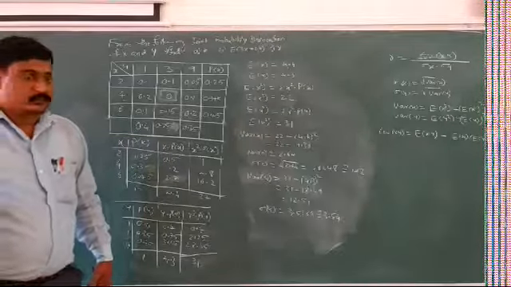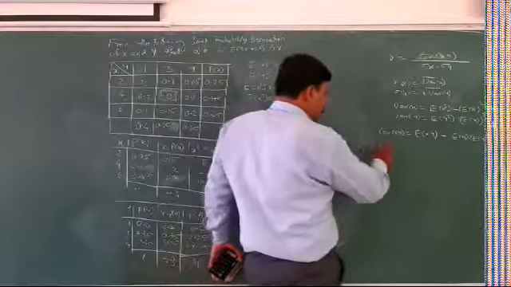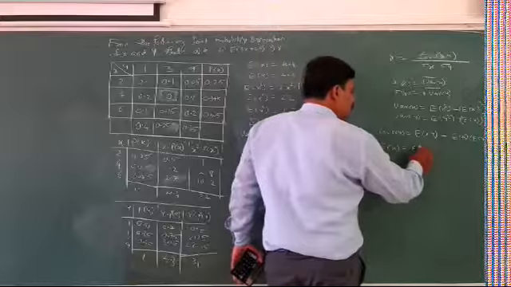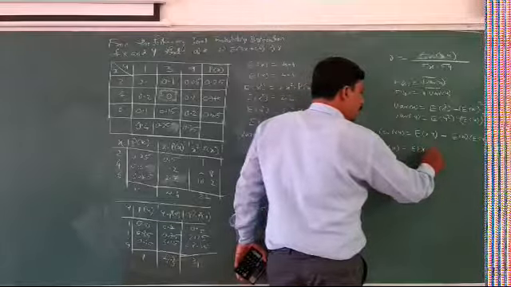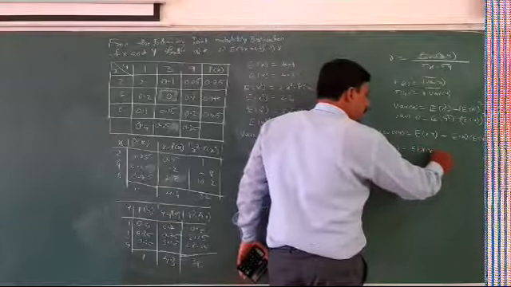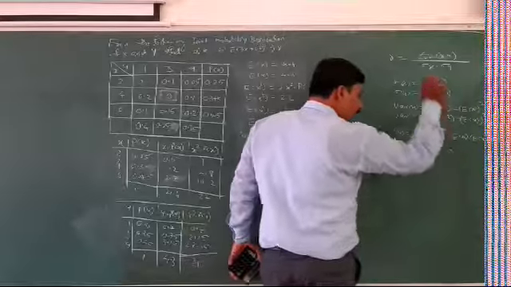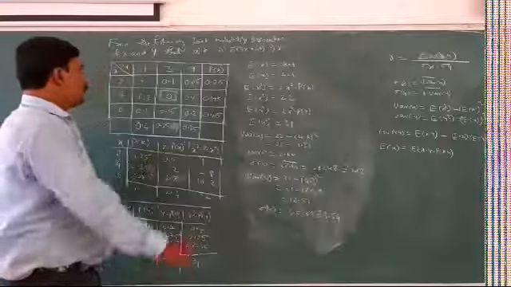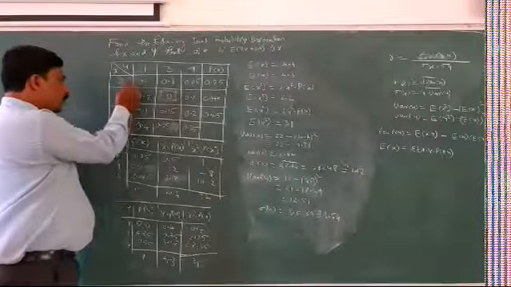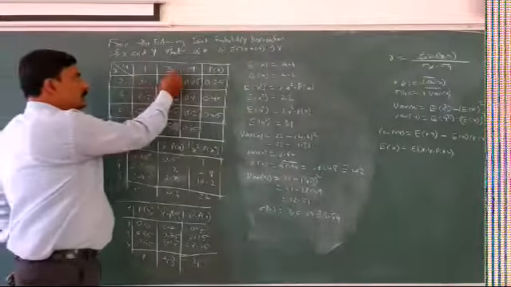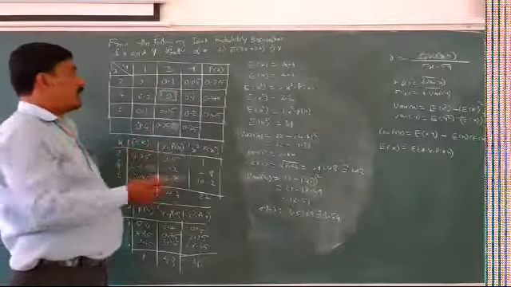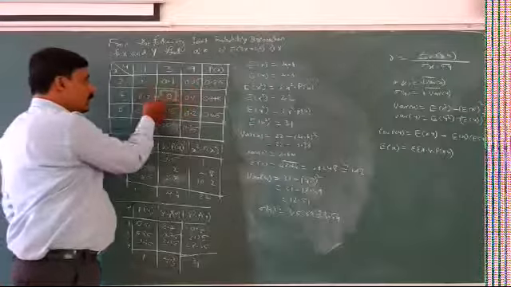Now E of xy. E of xy is equal to summation of x into y into p of xy, both here. So in a bivariate data, x values are here 2, 4, 6, y values are 1, 3 and 9, and the probabilities of both x and y are there in these cells.